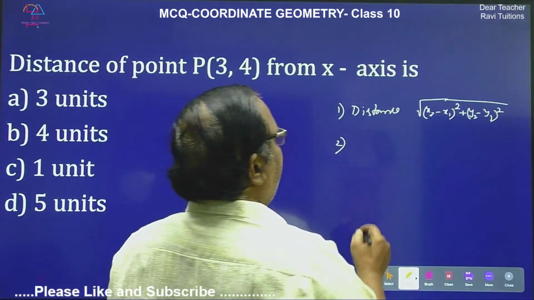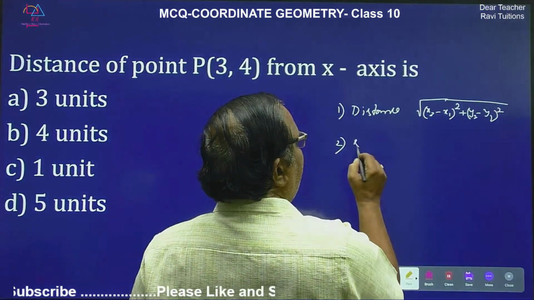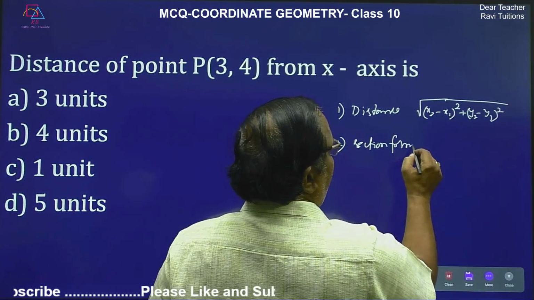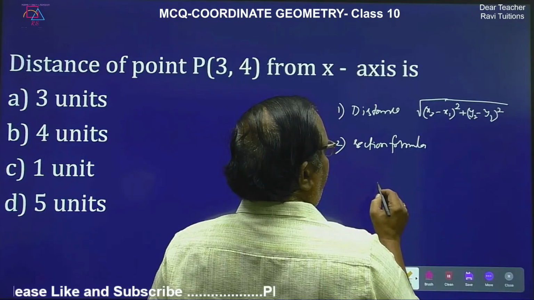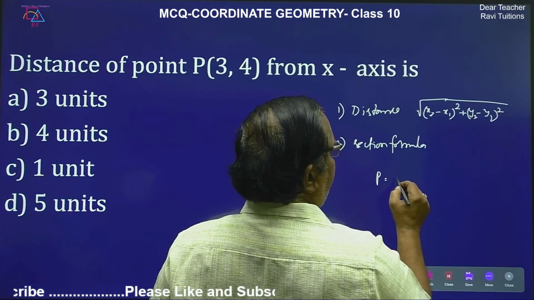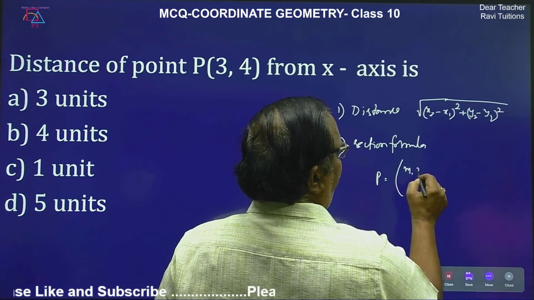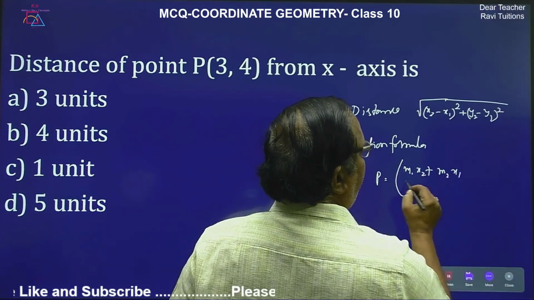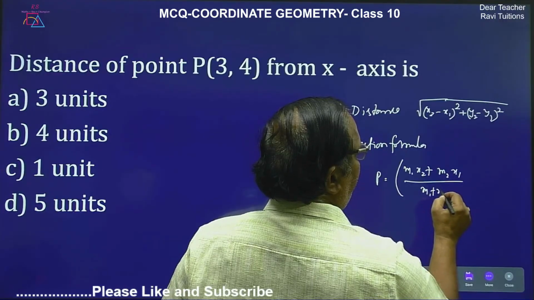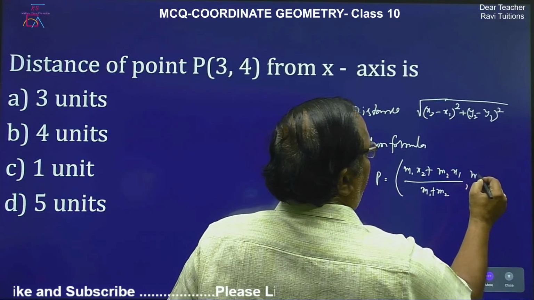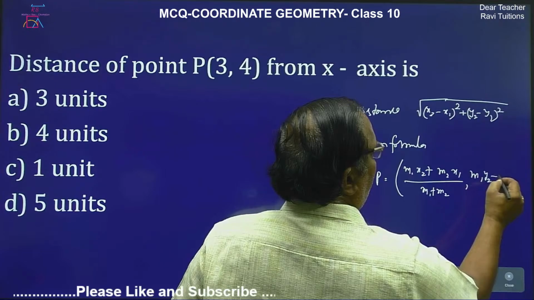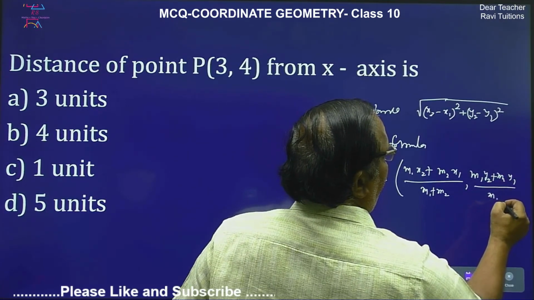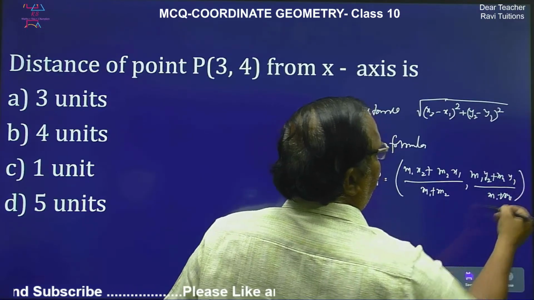Okay. So the next formula is the section formula. People used to call this the section formula. That means P is equal to (m1 x2 plus m2 x1) by (m1 plus m2), comma, (m1 y2 plus m2 y1) by (m1 plus m2).